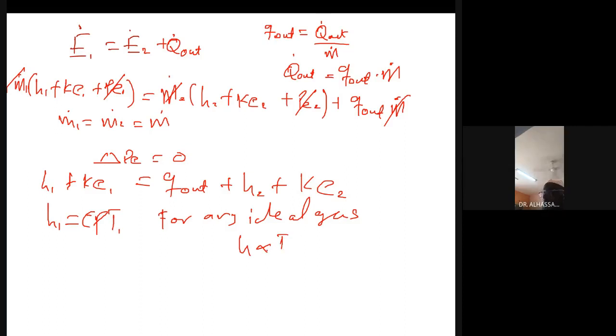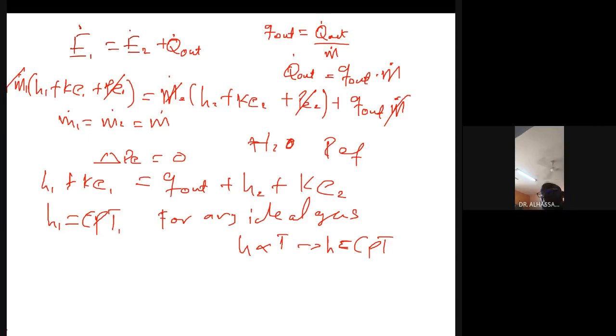If you remove the proportionality sign, then H equals to Cp times temperature. Be very careful: if the working fluid were water or refrigerant, then this does not apply to this case.